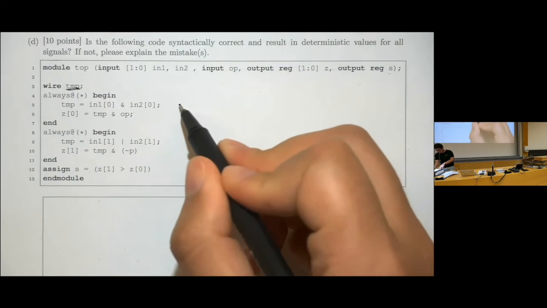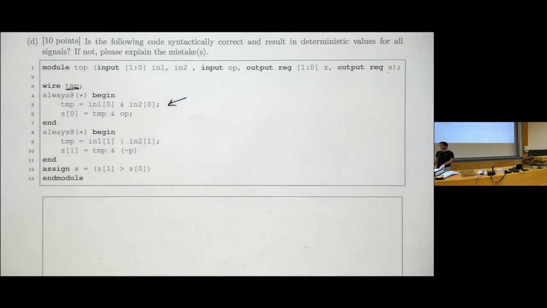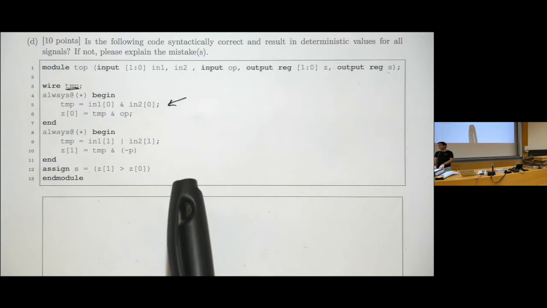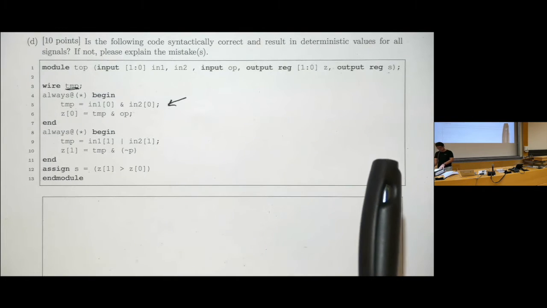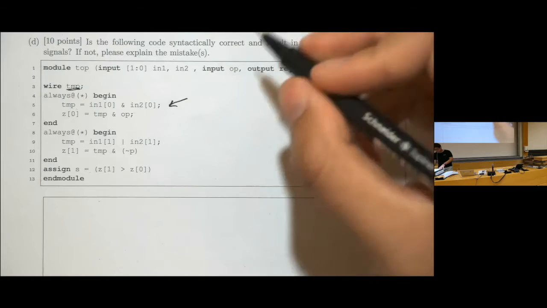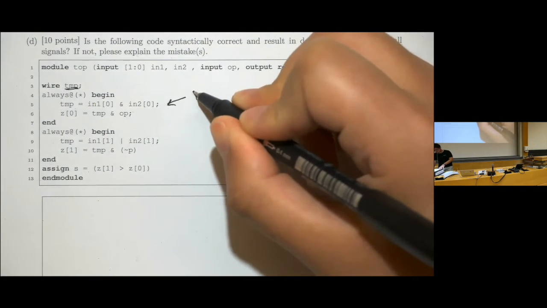So this is the first mistake. The problem here is because this TMP is declared as a wire, and we're making an assignment to it in an always block. So that's not correct. So this is incorrect as problem 1.